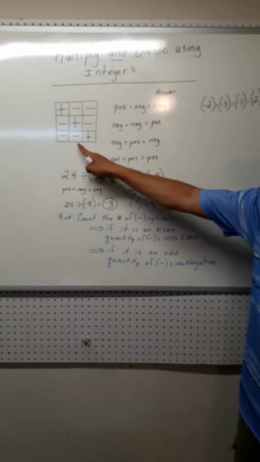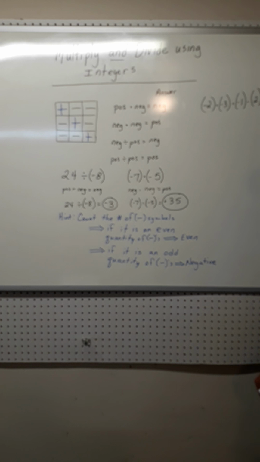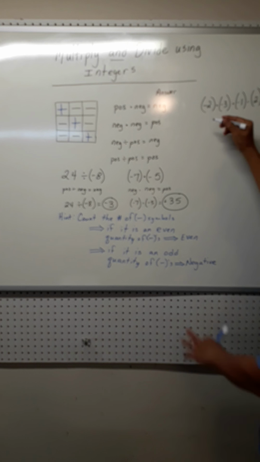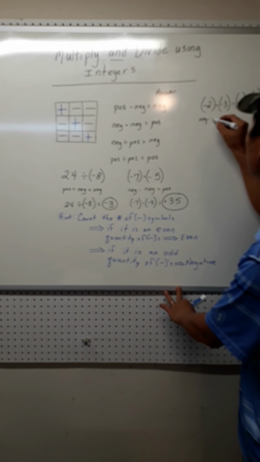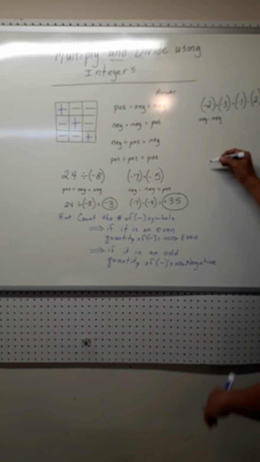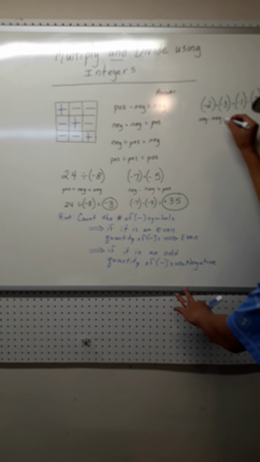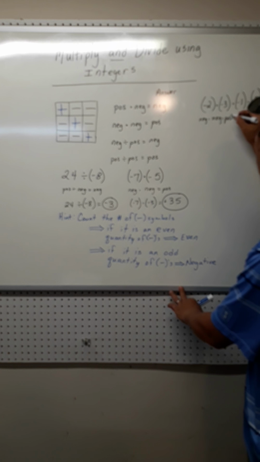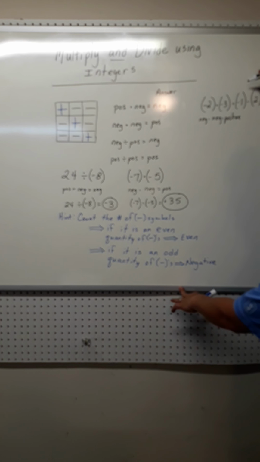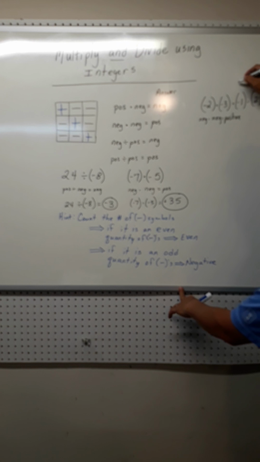Following this same tic-tac-toe box rules, I have a negative times negative. Well, this must give me a positive. And then I'm going to do the same thing for these two. I have a negative times a positive.